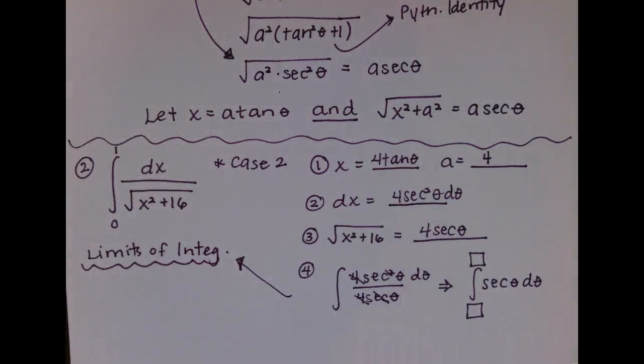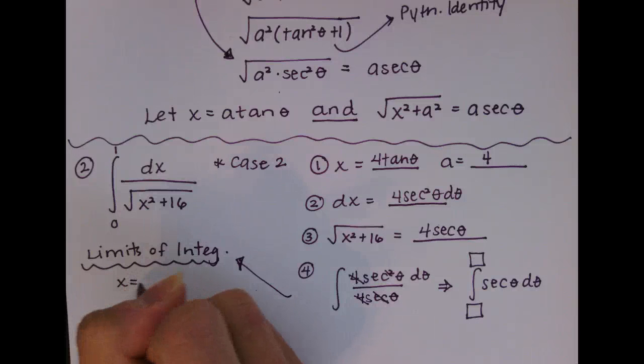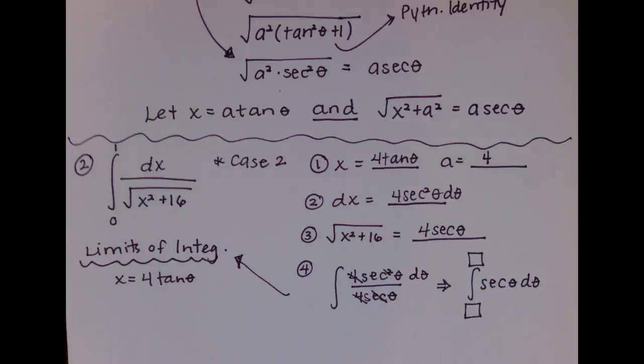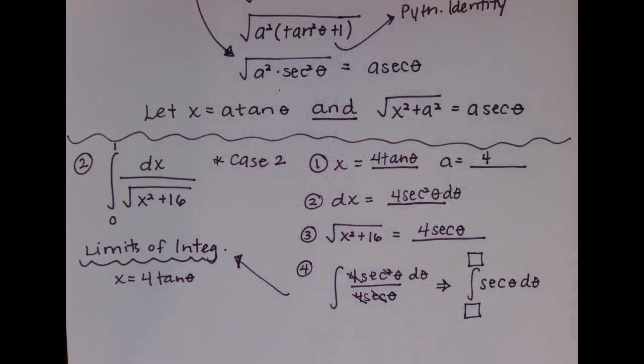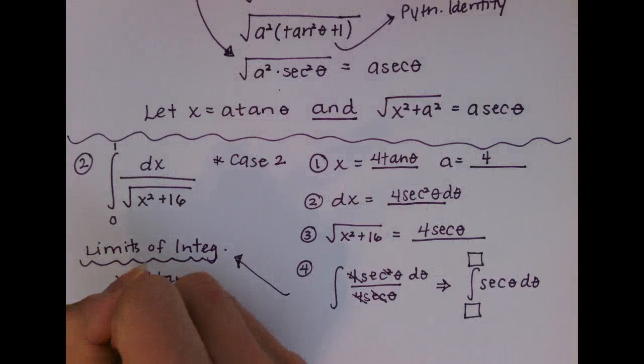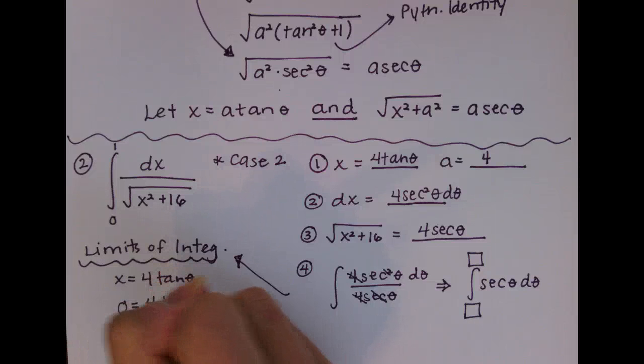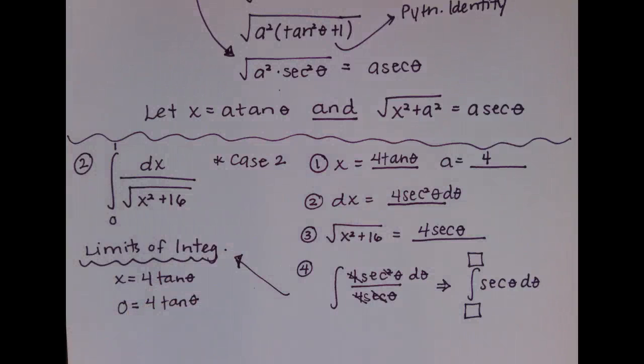So first of all, I again need an equation that relates my x and my theta. And so x equals 4 tan theta is the perfect relationship to use. First of all, I know that the lower limit of integration is 0, and it's in terms of x at the moment. So let's take that equation, let x equal 0, and solve it for theta.